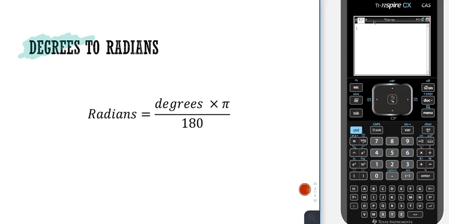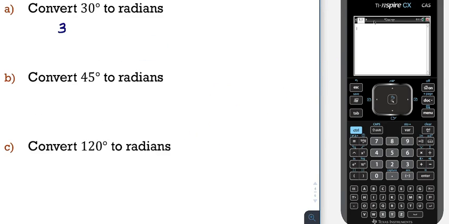So to convert between radians and degrees, going degrees to radians, you need to multiply by pi and divide by 180. So this is your formula to get into radians: degrees times pi divided by 180. Some examples: converting 30 degrees to radians, 30 times pi divided by 180.